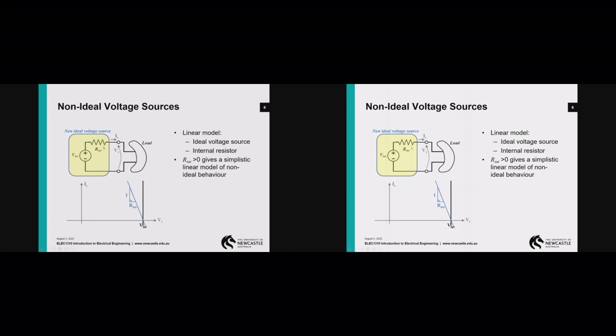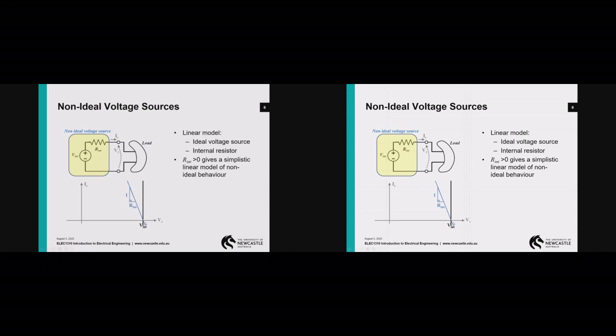So if you think about that, as that current I gets bigger, we will drop voltage across that resistance. The more I, the more voltage. So the voltage I effectively see will be the internal voltage, which I'm still imagining is ideal, minus the drop across that resistor.